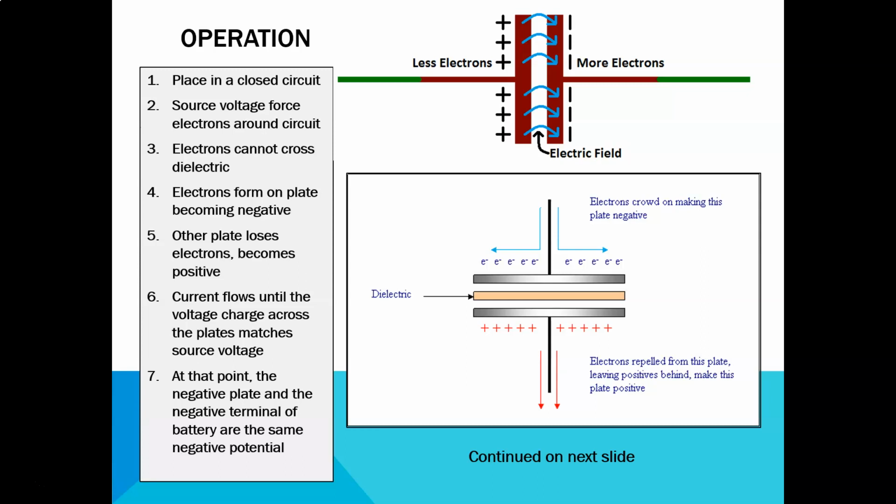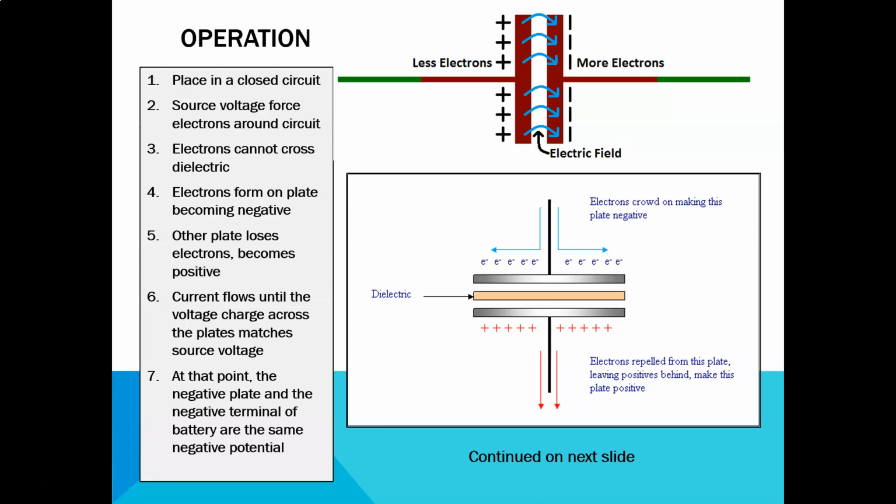The electrons cannot cross the dielectric. The electrons form on a plate, and that plate becomes negative. The other plate loses electrons because they all flew back to the battery, and that becomes positive. So the current flows until the voltage charge across both plates are matching.